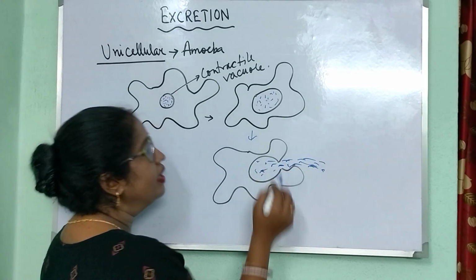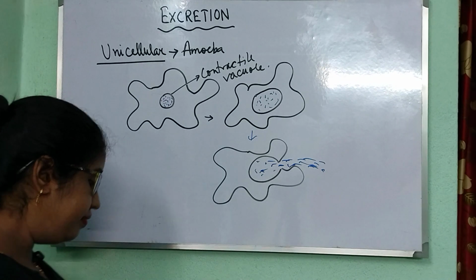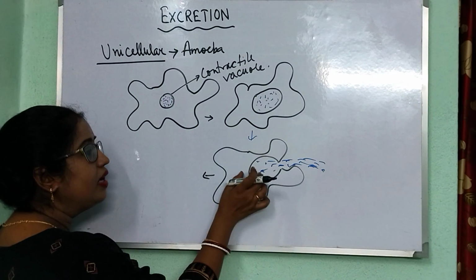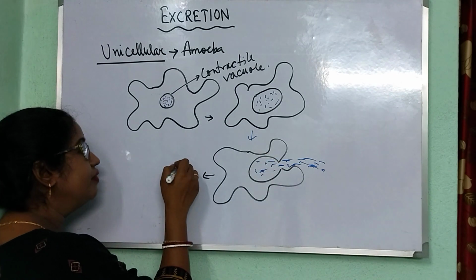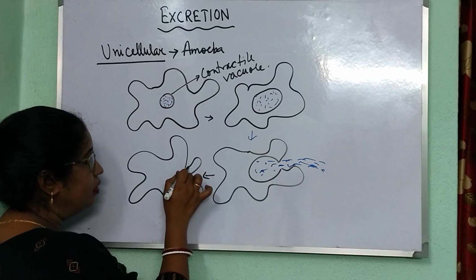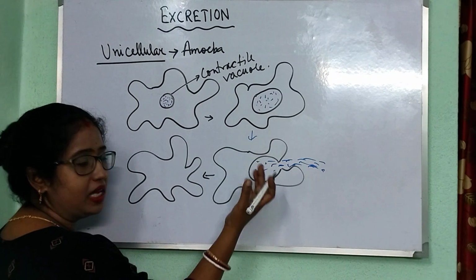After that, the contractile vacuole joins fully with the plasma membrane.